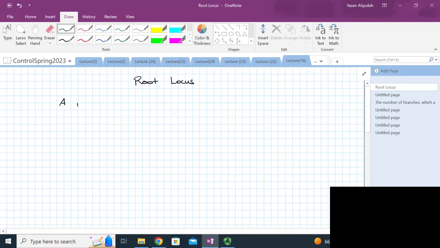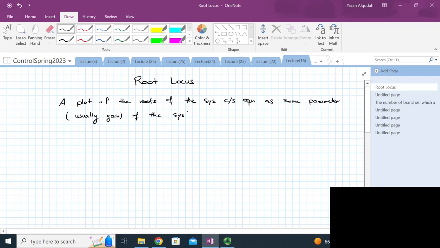It's a plot that shows a plot of the roots of the system characteristic equation as some parameter, and usually we choose the gain, but doesn't have to, is varied. Okay.